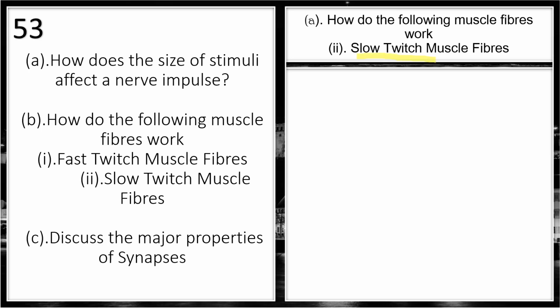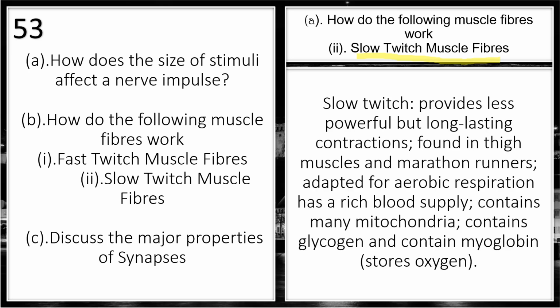Slow twitch muscle fibers. Slow twitch fibers provide less powerful but long-lasting contractions. They are found in thigh muscles and in marathon runners.